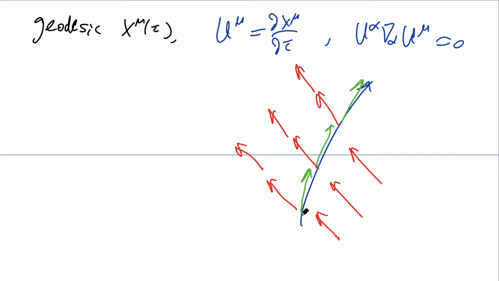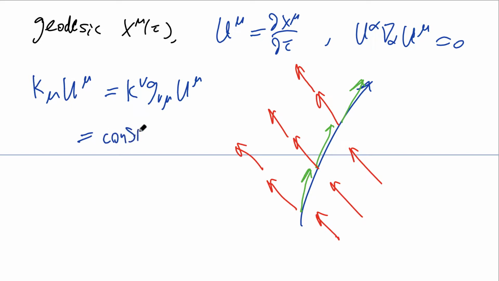And now the result is that the inner product of u and k along the world line is a constant. So we can write the inner product between u and k as k mu u mu. Of course, that's shorthand for k nu g nu mu u mu. I've just lowered the index on k using the metric, right? This is equal to a constant along the world line, along this geodesic.